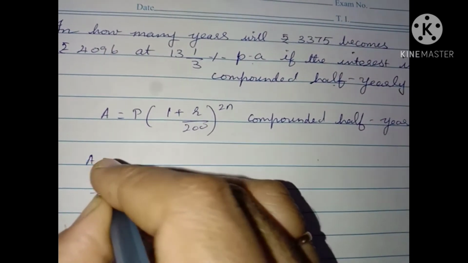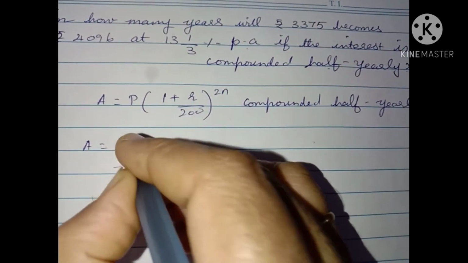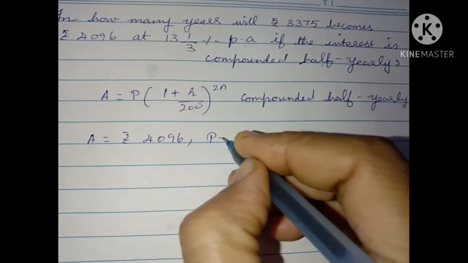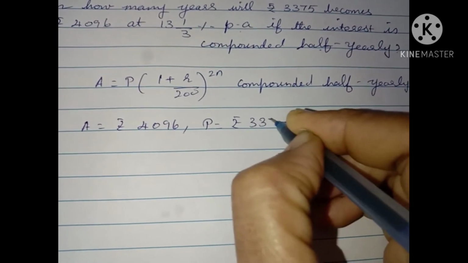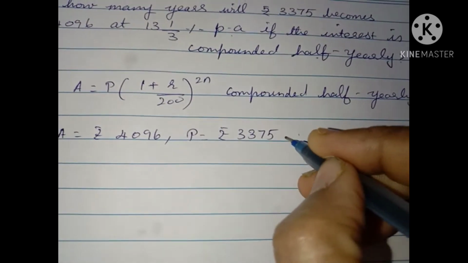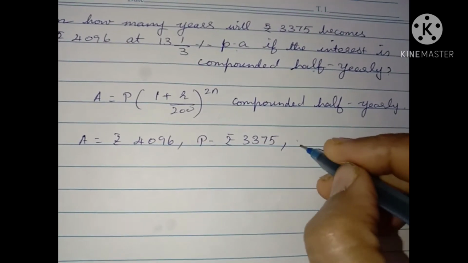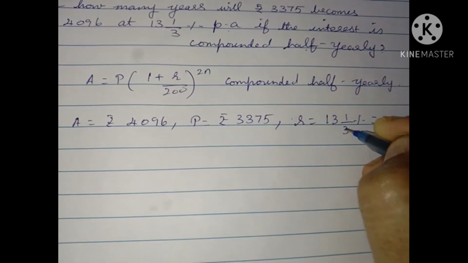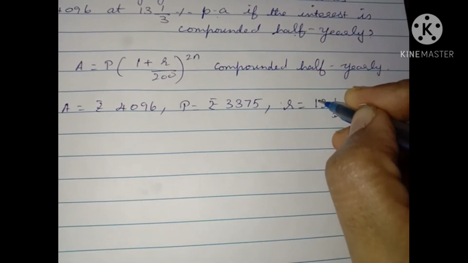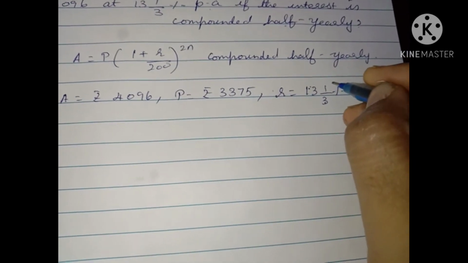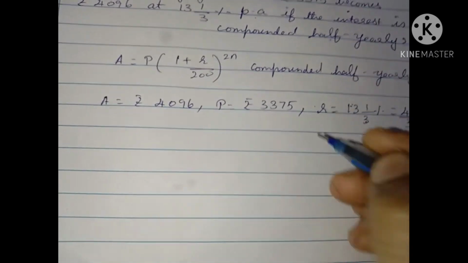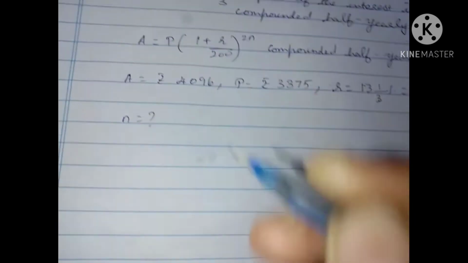A is equal to rupees 4096. P is equal to rupees 3375. R is equal to 13 1/3%, which is equal to 13, 3 13s are 39, 39 plus 1 is 40/3%. N is what we are going to find out.